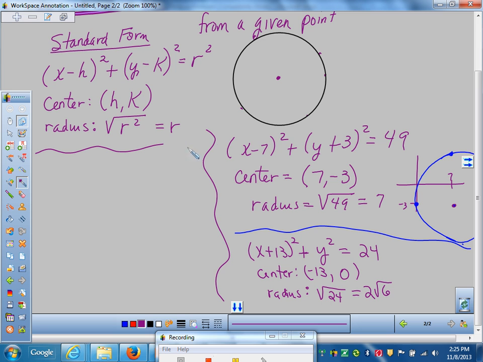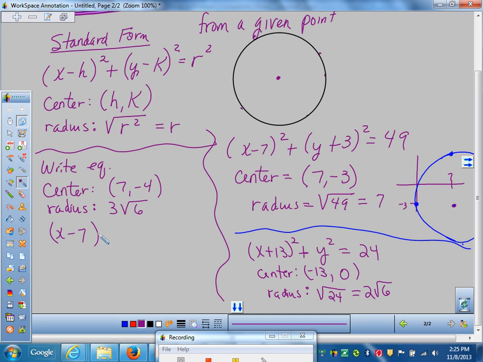What if I go backwards on you? What if I say, write me the equation, and I tell you the center is at 7, negative 4, and the radius is 3 square root of 6. Write me the equation for that. Okay, so it would be the quantity, because you're going to change signs.